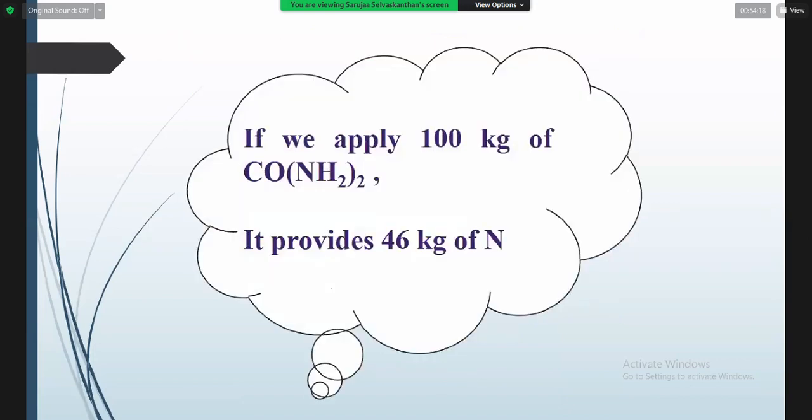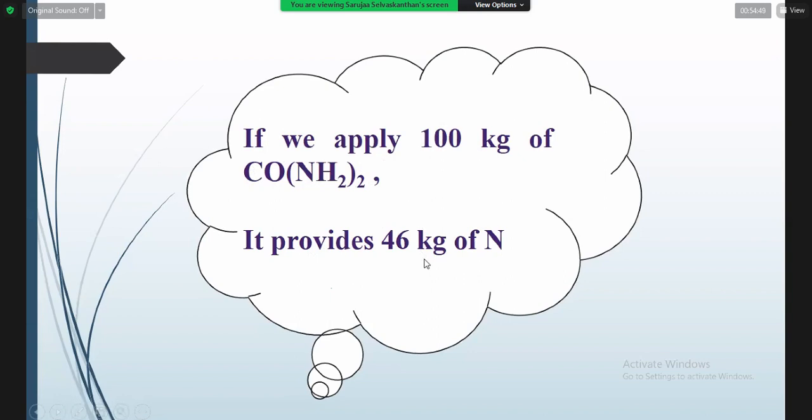Okay, then if we apply 100 kilogram of CO(NH2)2, we can get 46 kilogram of nitrogen. If you apply urea fertilizer at 100 kilogram, you can get 46 kilogram of nitrogen.